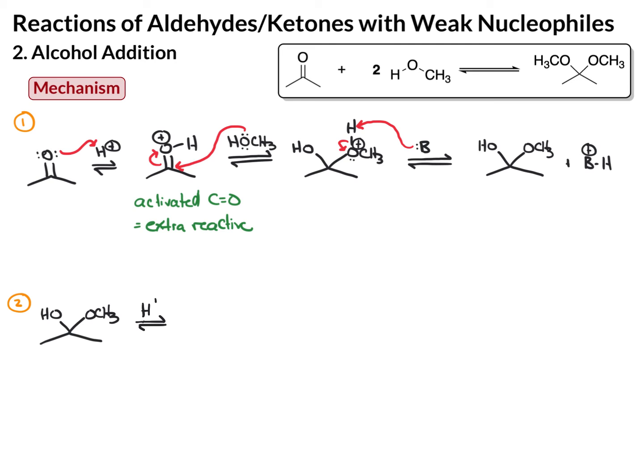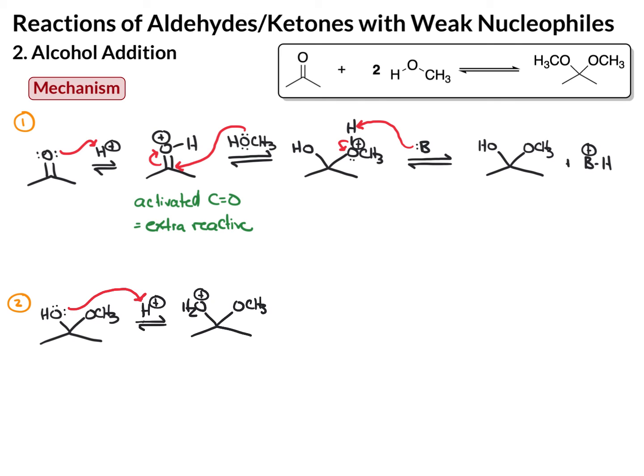We have acid around, and the acid will protonate the alcohol. Anytime we have OH2 plus attached to our molecule, that means water is attached. Water would rather be off of the molecule, hanging out as just neutral water, so that is a great leaving group.